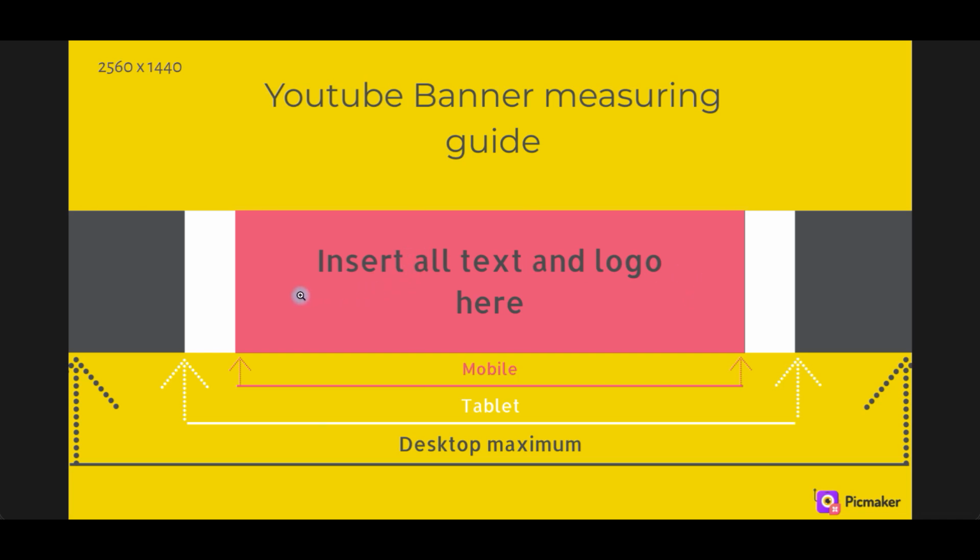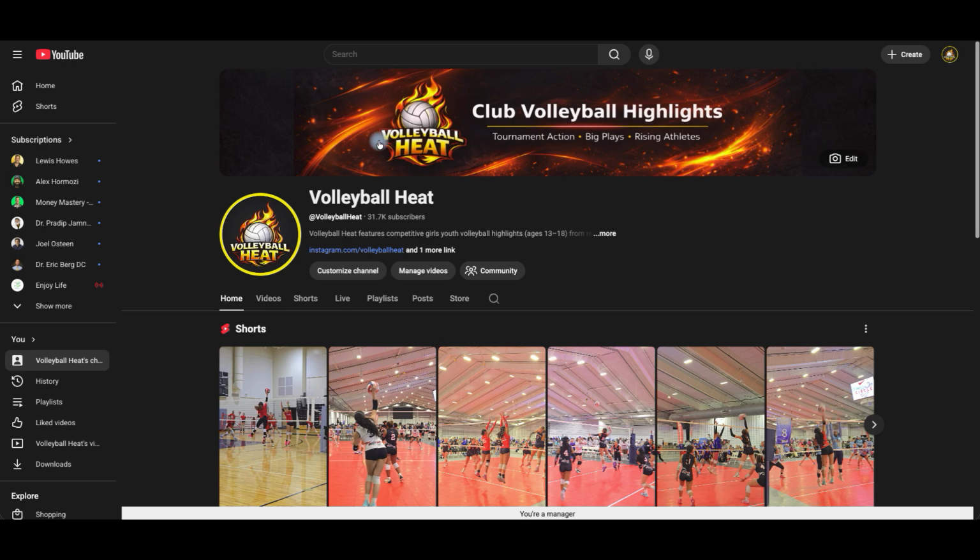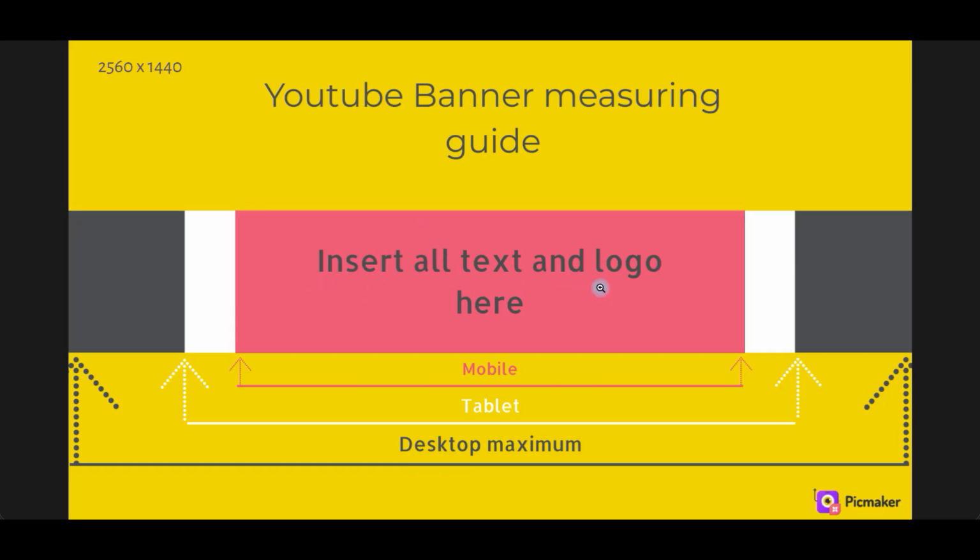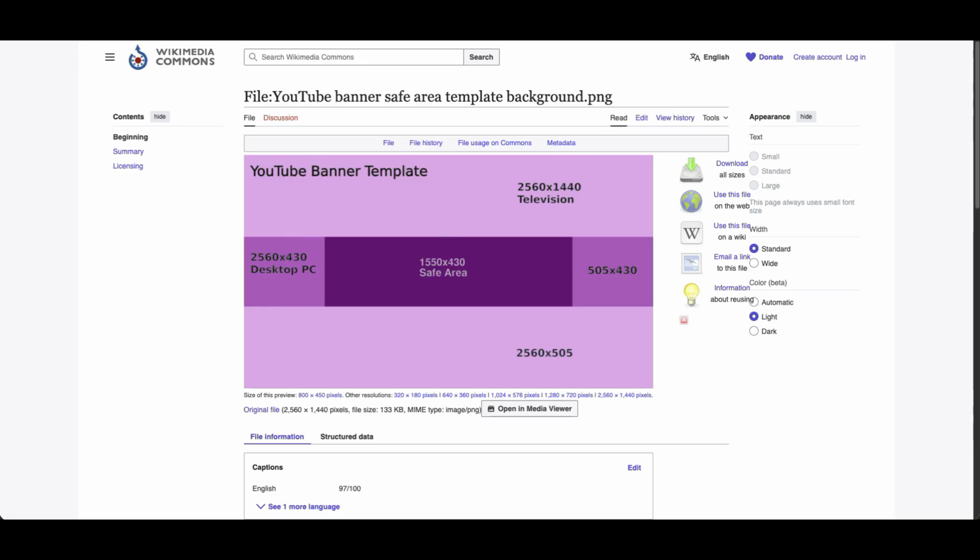As you can see on my computer screen, this extra section of white is what you're seeing on mine, because I added a big image as the background, just to cover everything else, basically the yellow, the gray, and the white, while keeping this section inside to fit within this small section. And I think I have another picture here. See, this is a safe area. You want your image to be here so that it displays correctly on cell phones.